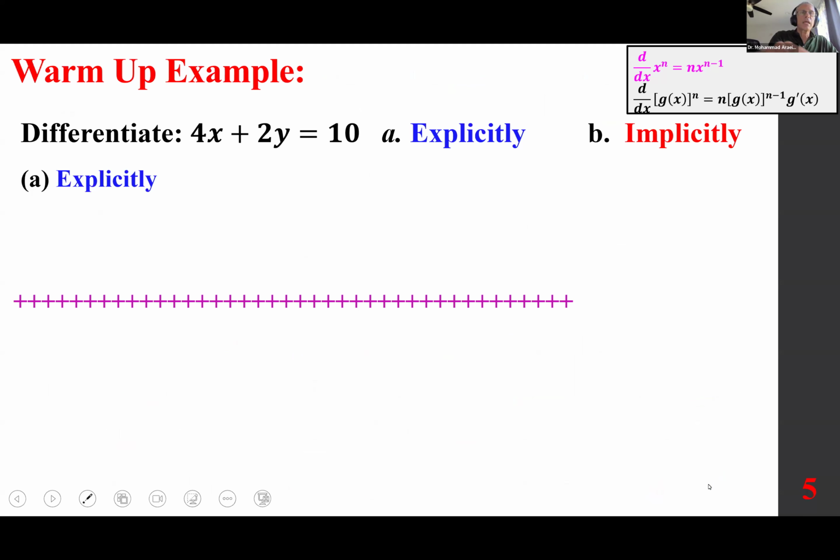Here's a simple warm-up example. We want to differentiate 4x plus 2y equals 10, and we're going to do it both by explicit and implicit methodologies.